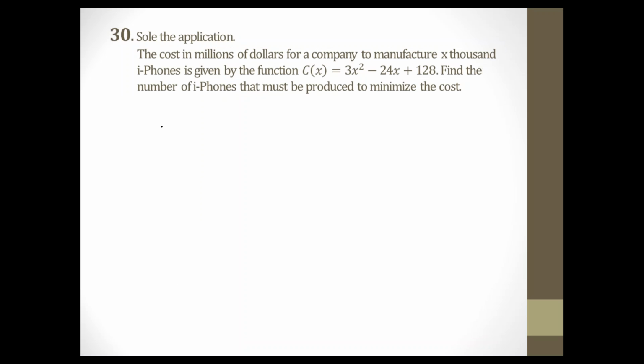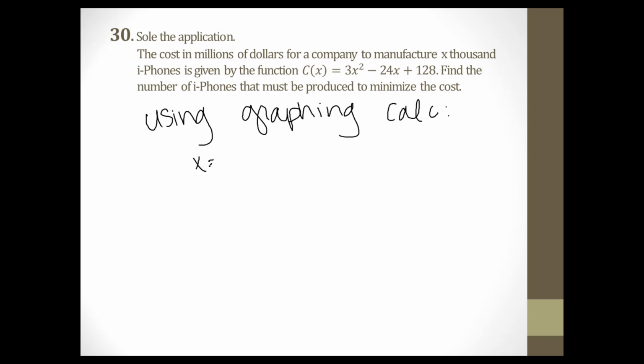Okay, so using the graphing calculator, we got that the x value was 4 and the y value was 80 for the minimum. But pay attention to what it says.